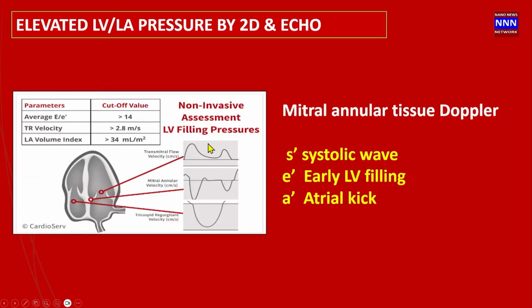Now, putting these pieces together, if we have an E to E prime of greater than 14, a tricuspid velocity of greater than 2.8 meters per second, or a left atrial volume index of greater than 34 ml, that is suggestive of elevated left ventricular end-diastolic pressure and left atrial pressure. Even if you have two of these parameters, it is suggestive of elevated left atrial pressure.